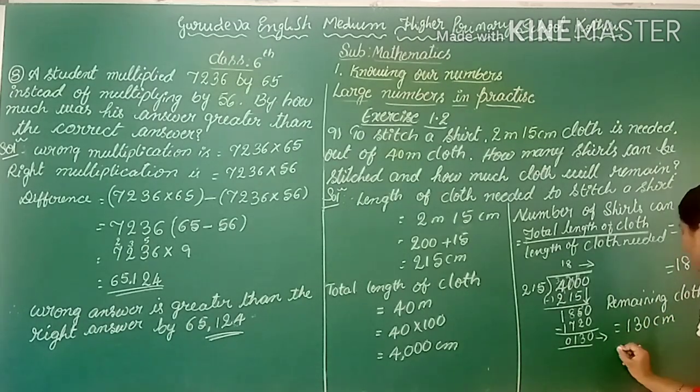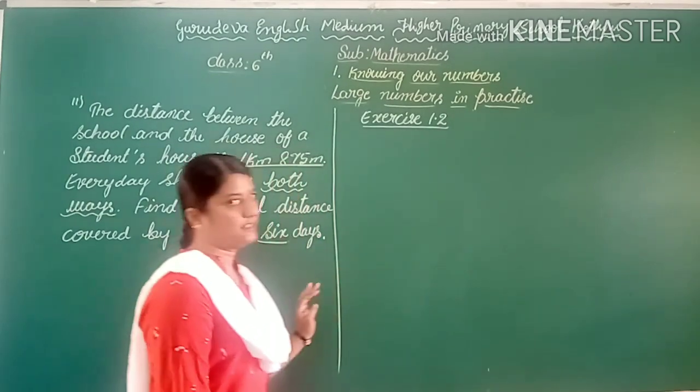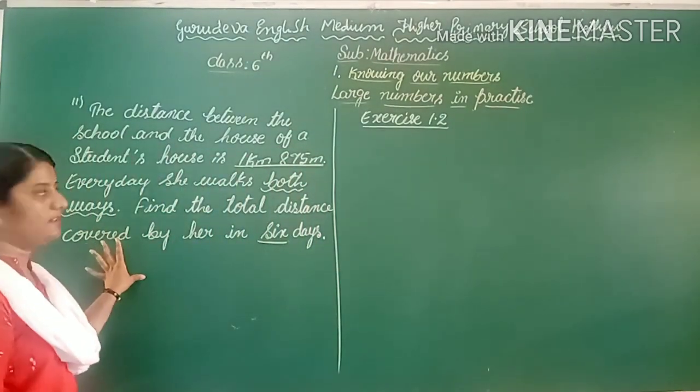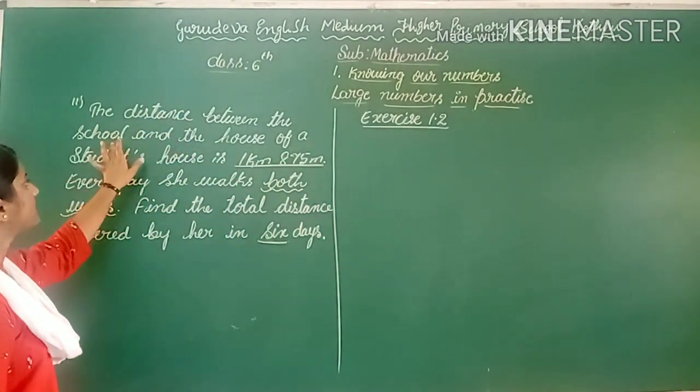You can also write in meters and centimeter. So I will split here 100 plus 30 centimeter. 100 centimeter means we know that 1 meter 30 centimeter. Is it clear?